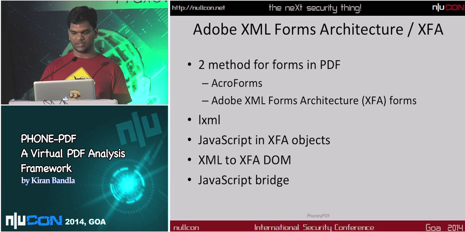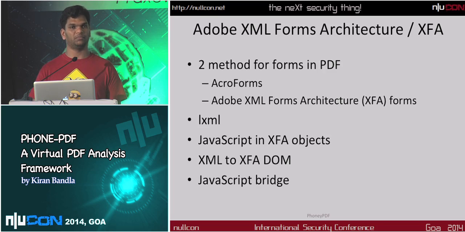The other nice thing is the XML Forms Architecture, the XFA. This is pretty important because a lot of exploits have begun to use this, and it's a pretty easy way to figure out if you're running inside a real reader or an emulated reader. And it can be done in two ways, AcroForms and XML Forms Architecture.